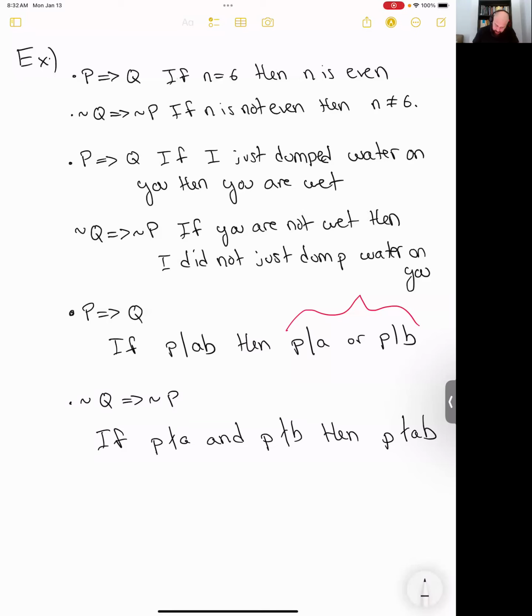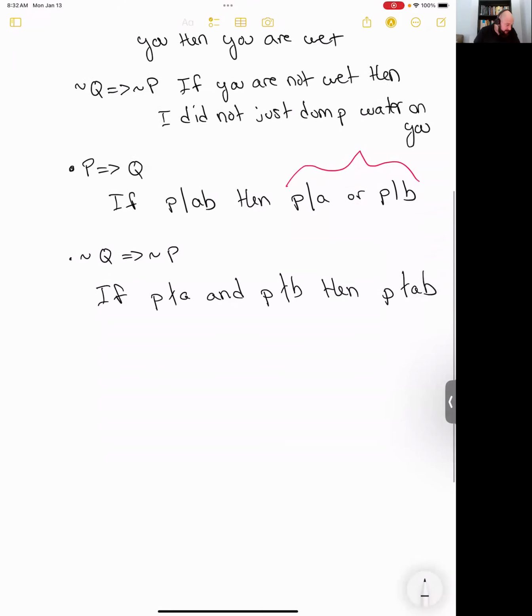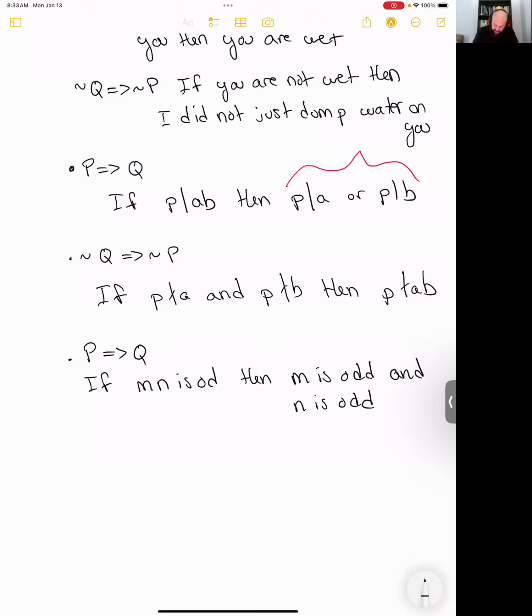Okay, so let's do a few more. If m times n is odd, then m is odd and n is odd. So again, here the Q is an and in it.